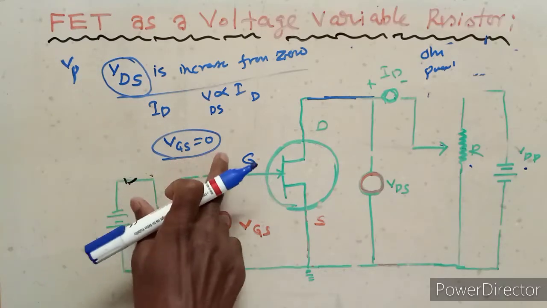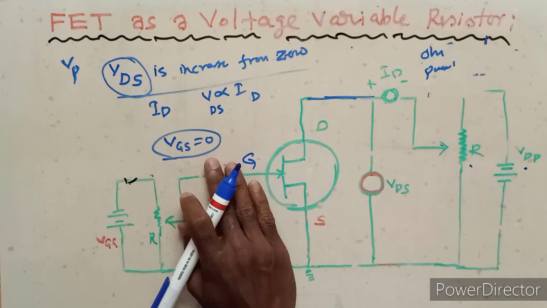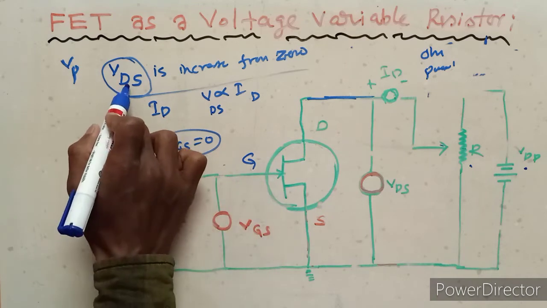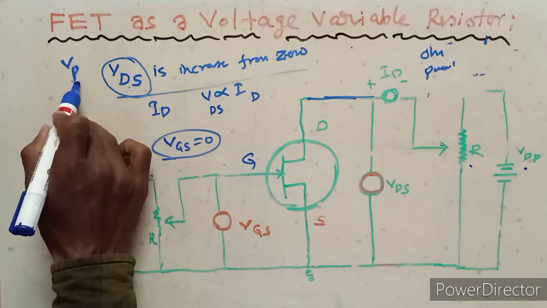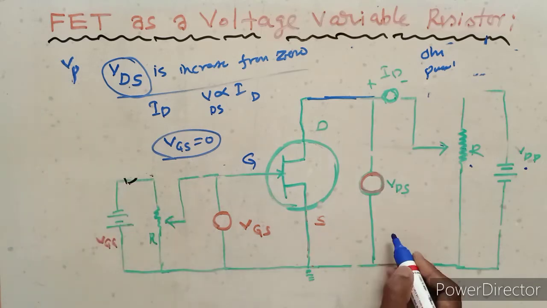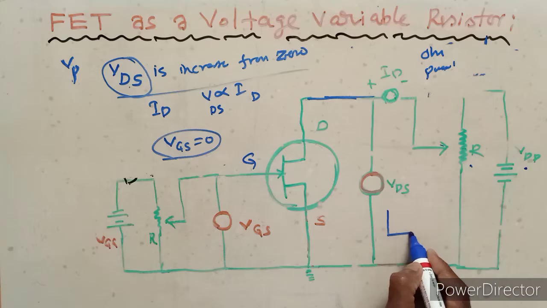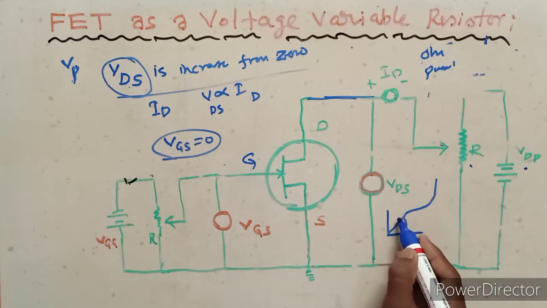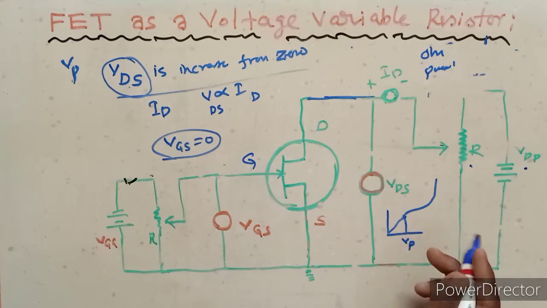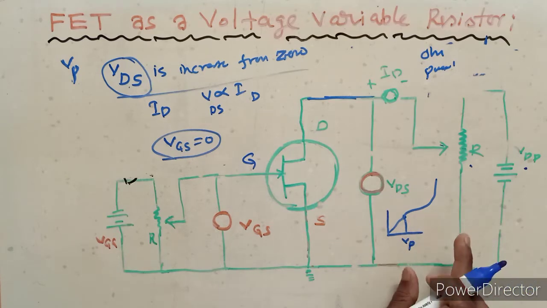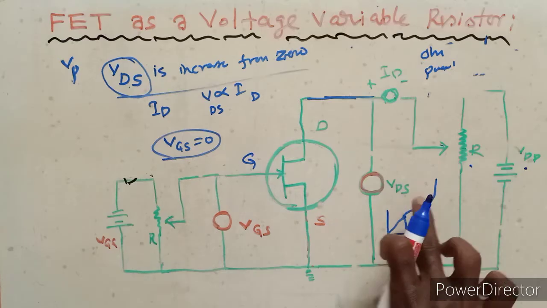If VGS is 0, VDS is equal to VP, that means pinched off voltage, because this is the graph, this is the VP. So this voltage is equal to VDS. That is the ohmic region.